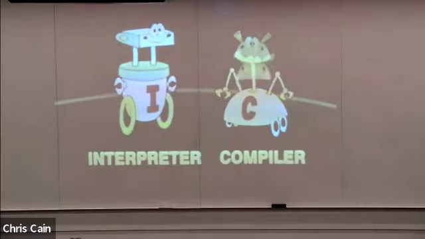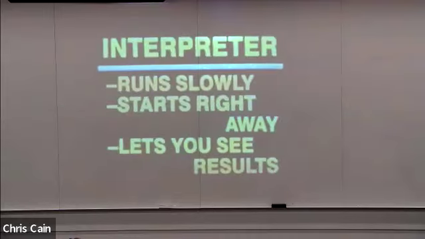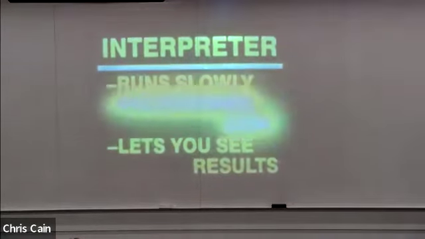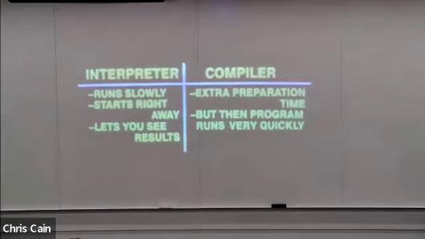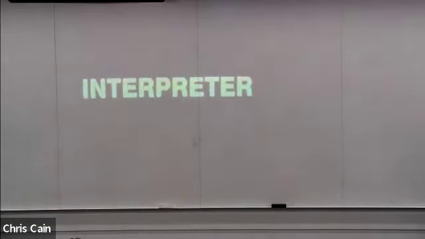This analogy comes very close to the way the interpreter and compiler translator programs actually work with computers. An interpreter runs slowly, starts right away, and lets you see how things are going. Whereas a compiler takes extra preparation time before your program can run, but then lets it run very quickly, efficiently. To help you remember the difference between an interpreter and a compiler, look at the words themselves.